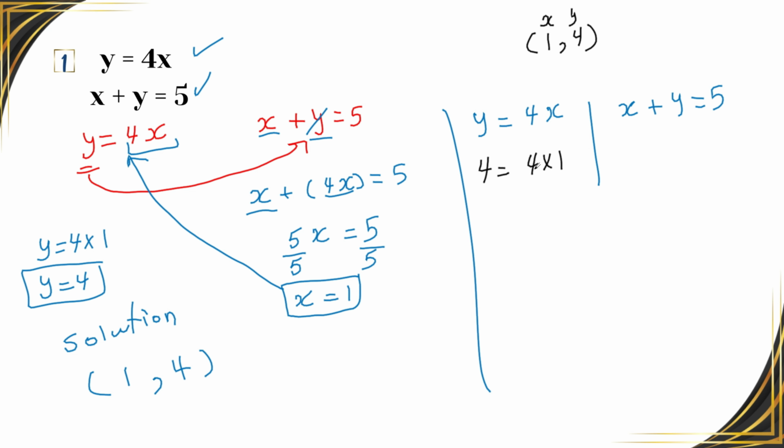Is 4 times 1 equal to 4? Yes. In this case, the point (1, 4) satisfies the first equation. What about the second equation? Also replace x with 1 and y with 4, equals 5. Is 1 plus 4 equal to 5? Yes. In this case, this answer represents the solution of these two equations.